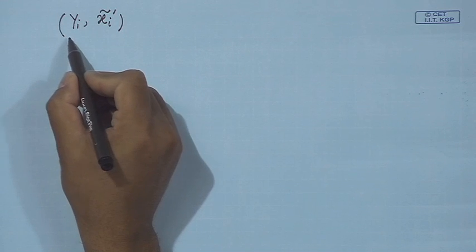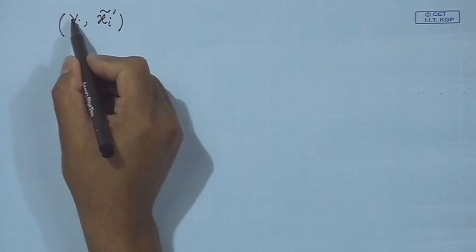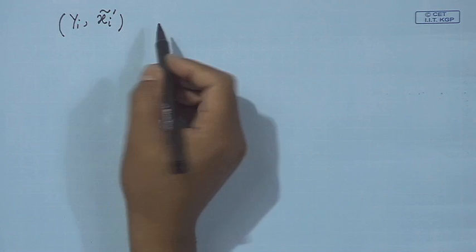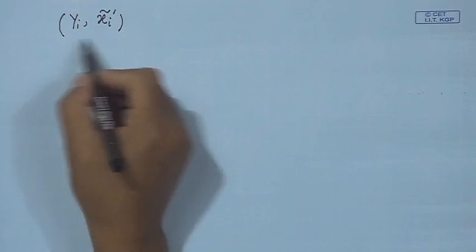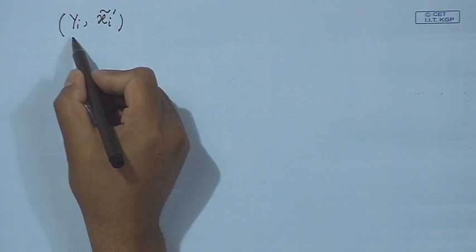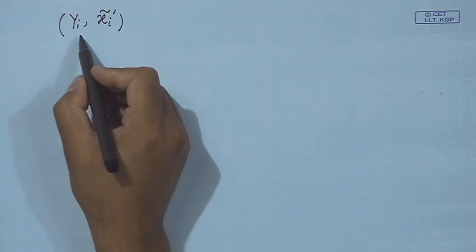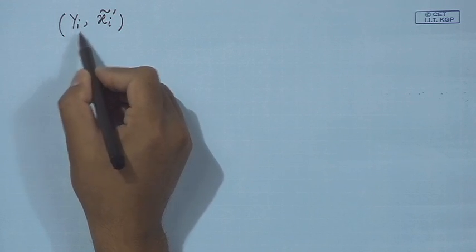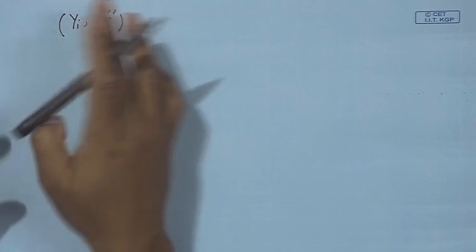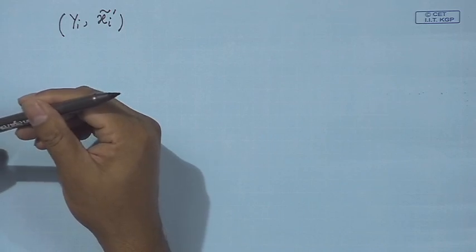Okay. But the only problem here is that if y i is from the normal distribution, then we know how to fit a model between y i and x i. But here the distribution of the response variable does not follow the normal distribution, and then how to fit an appropriate model between the response variable and the regressor variables? So, that is the main objective here.